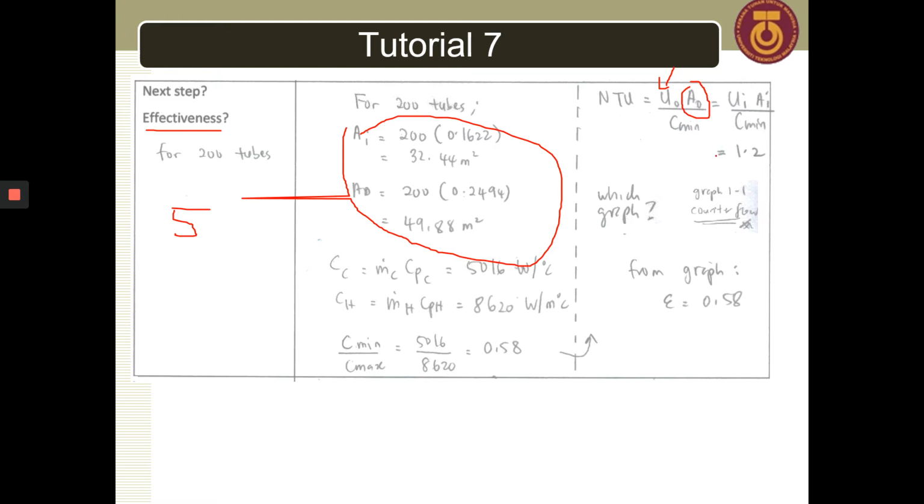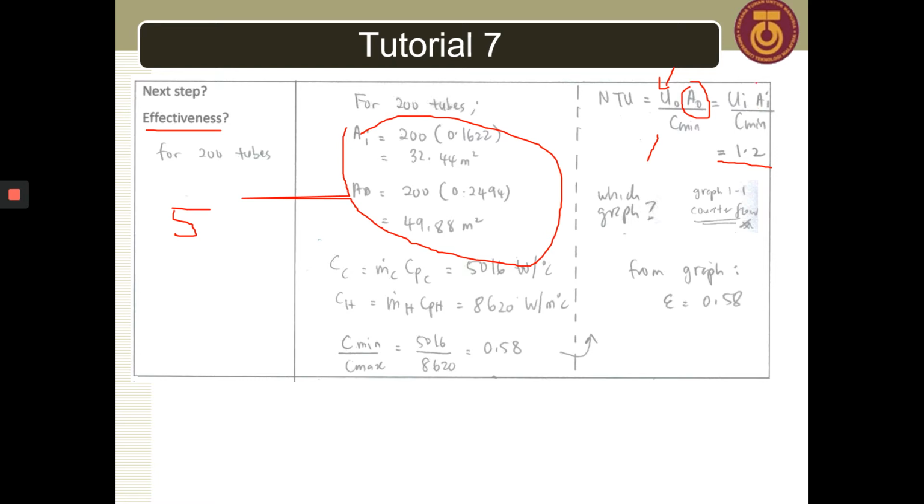Then you will get 1.2. So if both UO AO over C min and UI AI over C min are the same, that means you have the same answer. If your NTU calculated either using UOAO or UIAI is different, then you have a wrong answer.